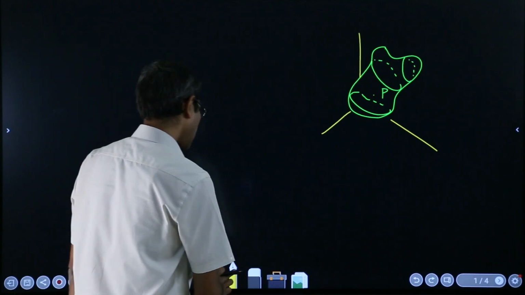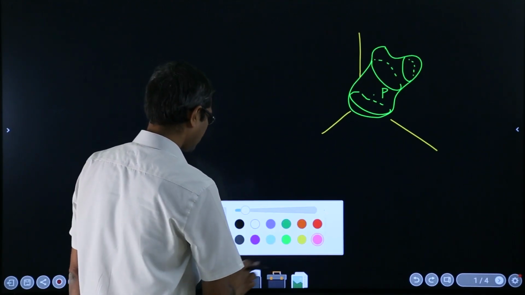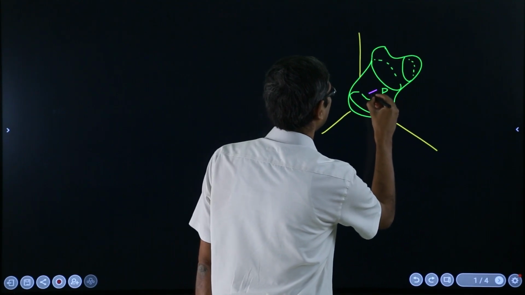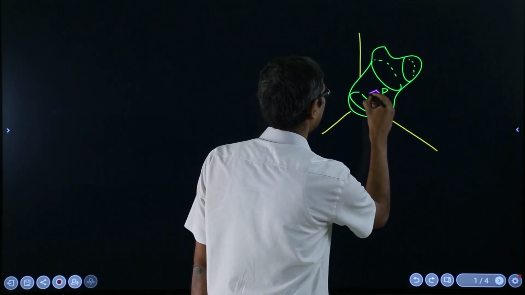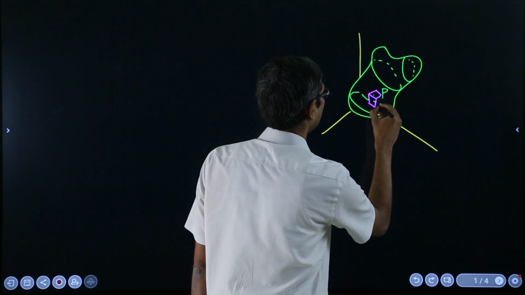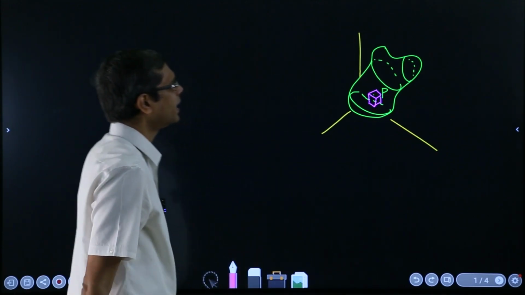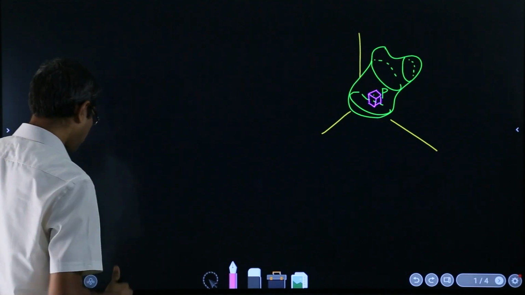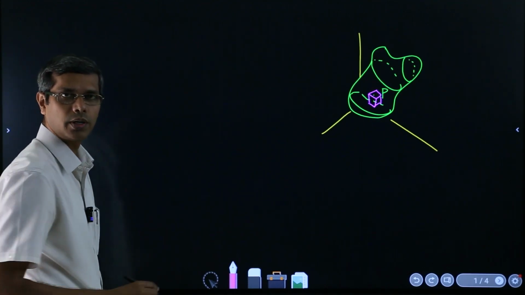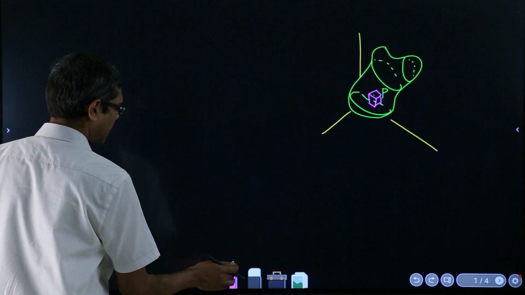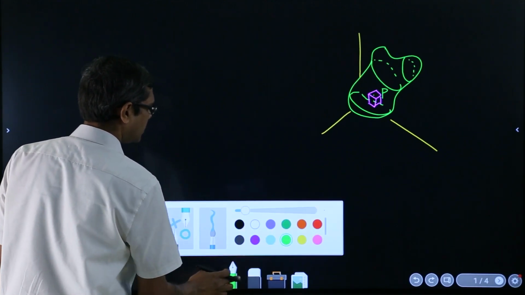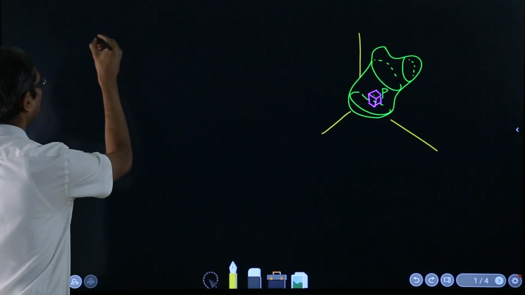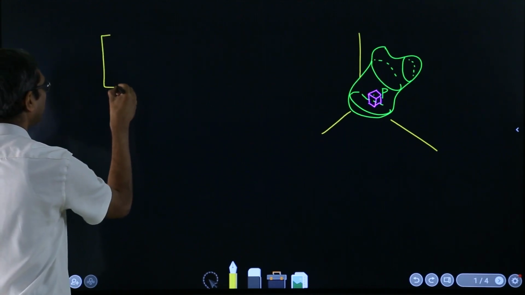So then what we do is we take a small, infinitesimal cube around P, and then on the surfaces of that cube, we define the stresses, and those stresses we generally represent in the matrix form.